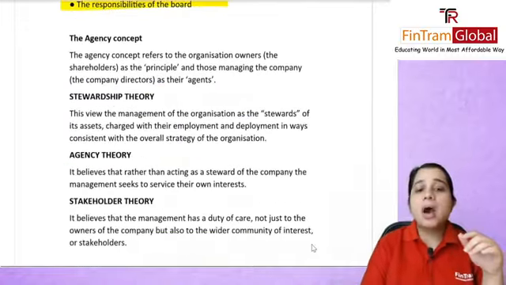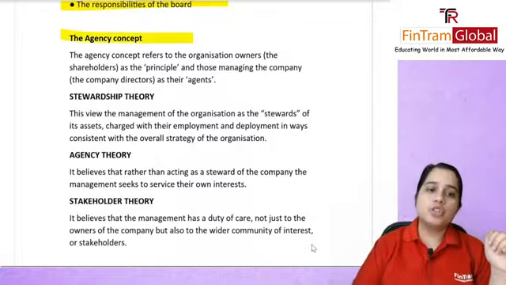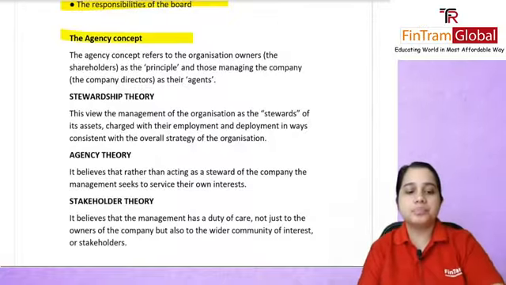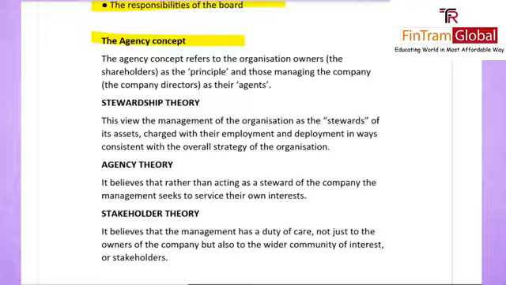Then we talked about the agency concept. So what did we cover in this? Here, the organization owners, who are your shareholders, are the principal, and those who manage the company, the directors, act as the agents. They are working for these principals, the shareholders.